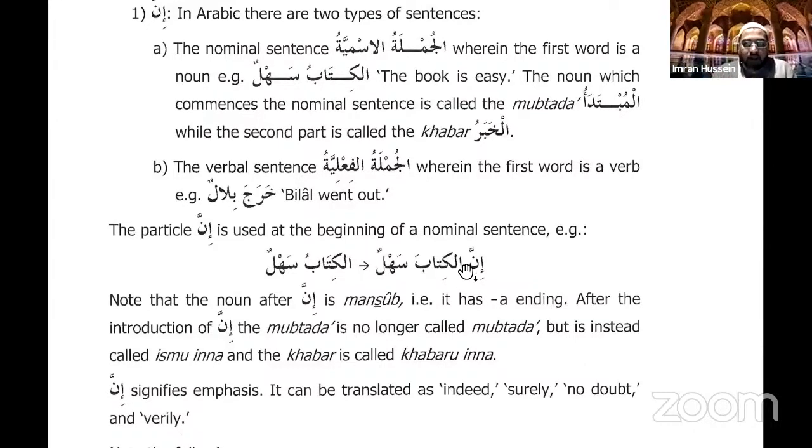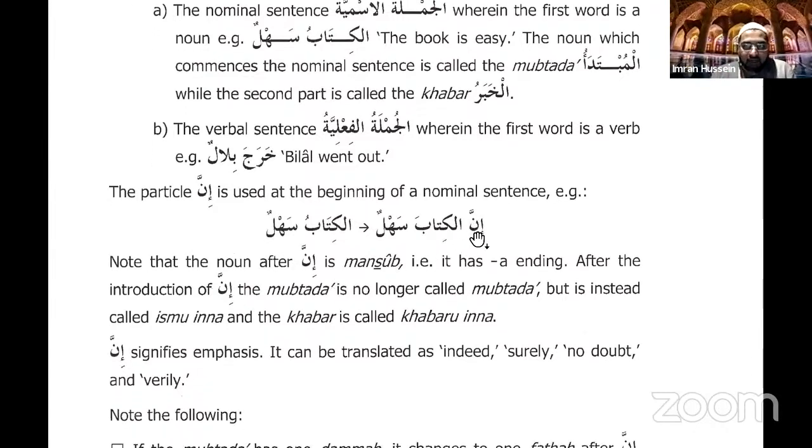Otherwise, it cannot come with kharaja unless there is ma. If it's inna ma, then it's possible to come with a verbal sentence. So inna ma means surely but, or indeed, however; it restricts it. Then it's allowed. Otherwise, if inna by itself, it has to be a noun.